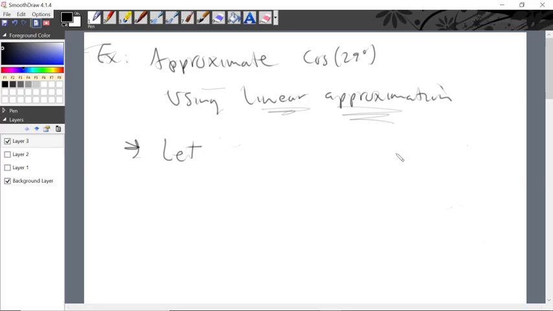We want the tangent line to some function, and the tangent line should be fixed to the function at a point where they're both equivalent, and it should be close to where the cosine of 29 degrees is. Well, the cosine of 29 degrees is close to, let's say, the cosine of 30 degrees. Okay, it's pretty close to that.